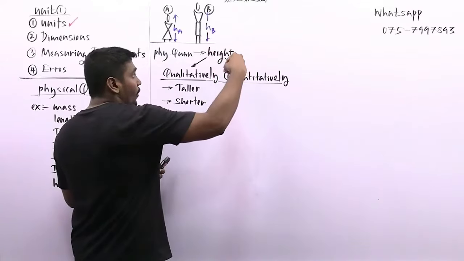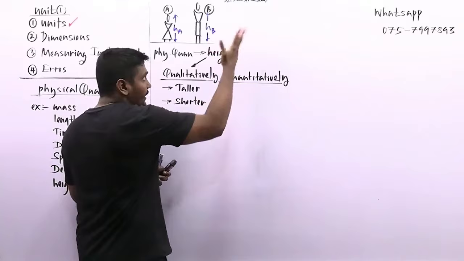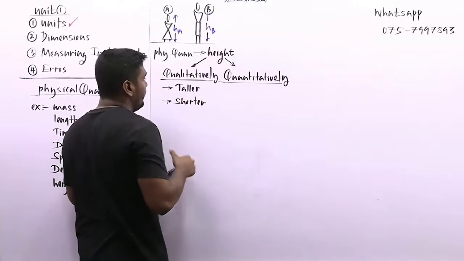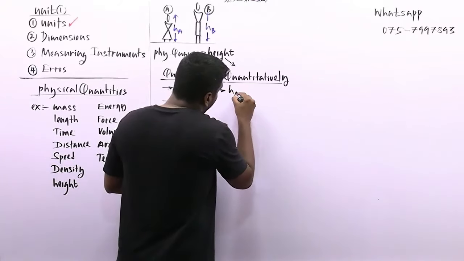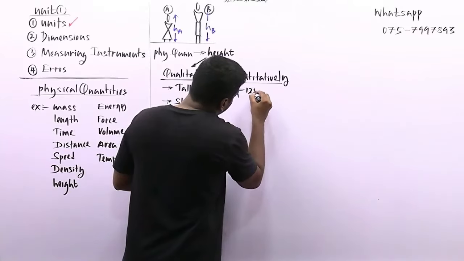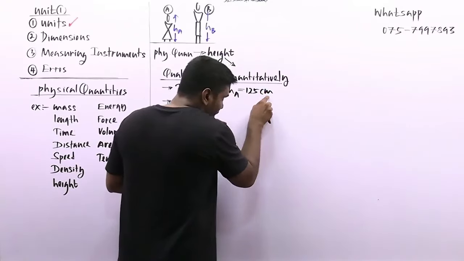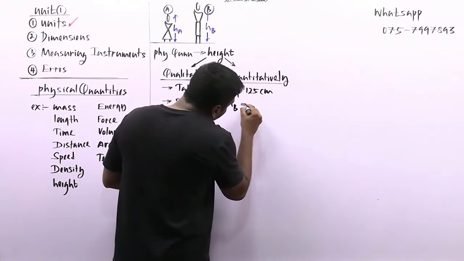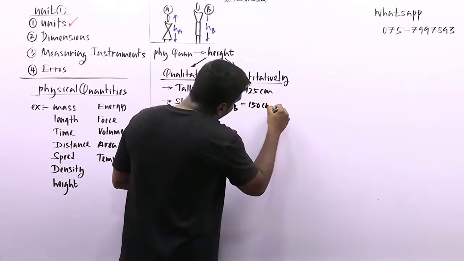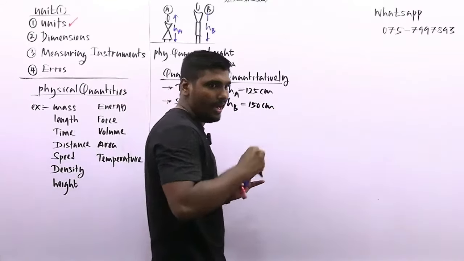Then that's a quantitative measurement of the height. Clearly, you can tell the height of the person is exactly 125 centimeter. This unit story I will teach you. The height of person B is exactly 150 centimeter. This is the difference.